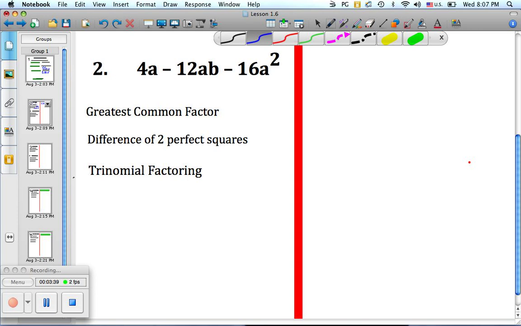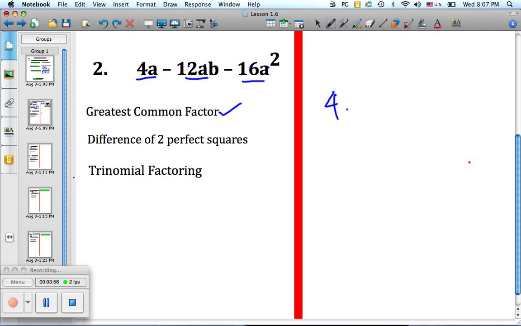Again, we'll go through all the steps. First thing we're going to do is look for a greatest common factor. Is there something that's common to all three of these terms? Once again, there's a 4. 4 goes into 4, 12, 16, and each term has an a. So I can pull out an a.